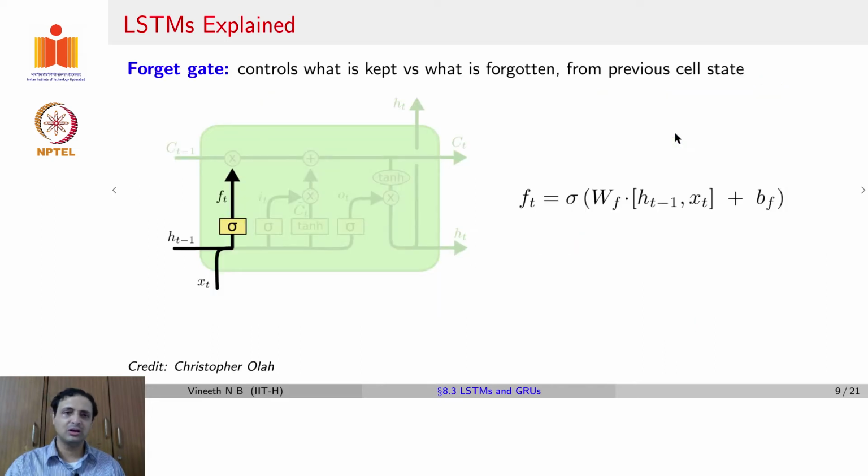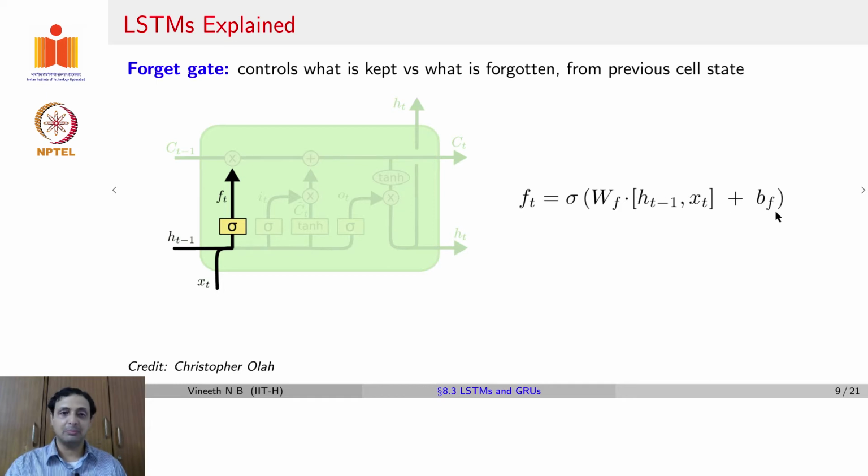Now let's talk about the forget gate to start with. The forget gate, which is one of the layers inside the LSTM block, takes input xt, takes input ht minus 1, very similar to the RNN block that we saw so far. Then it has a set of learnable weights Wf. Those Wf's are learned while training.